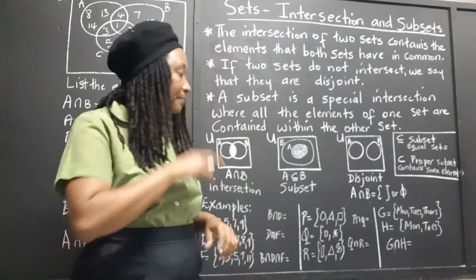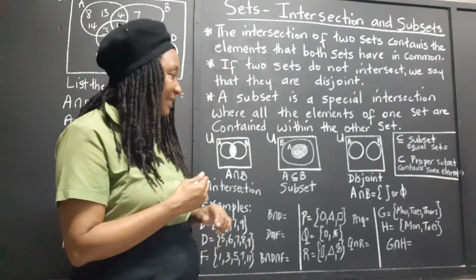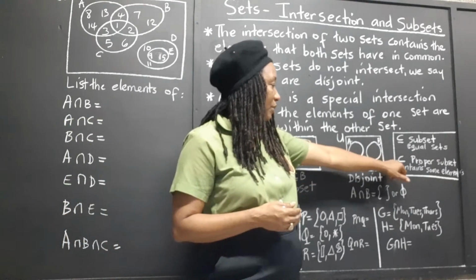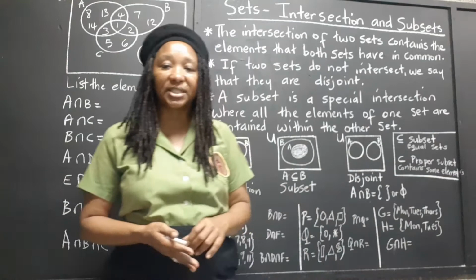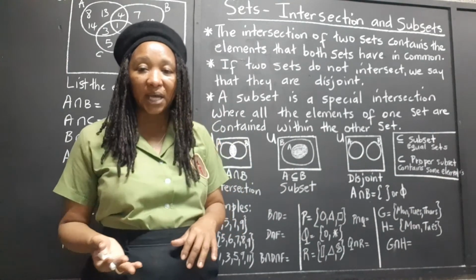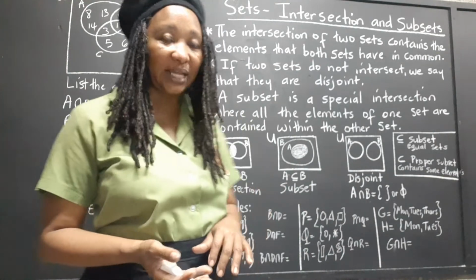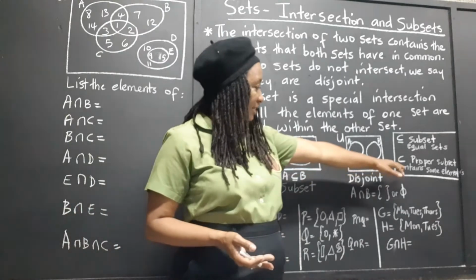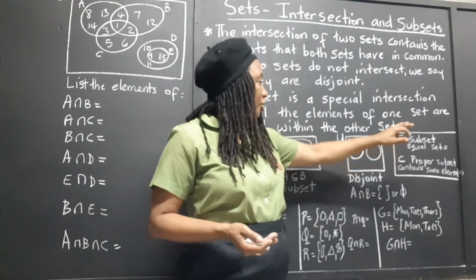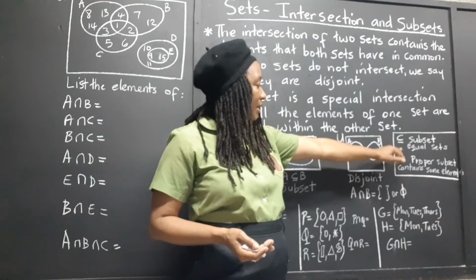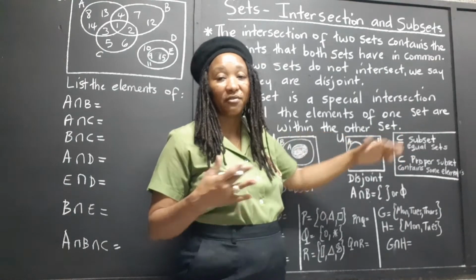If it is a proper subset, this is the symbol we use, and the proper subset just has some elements that are members of the other sets, right? So you will see these two symbols being used for subsets.